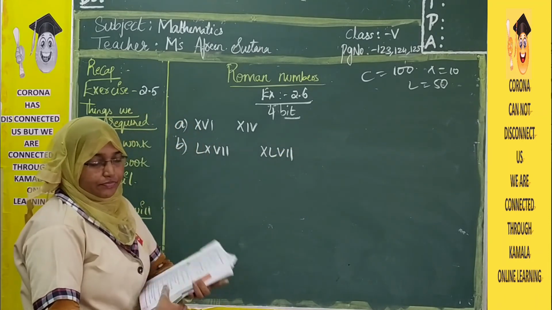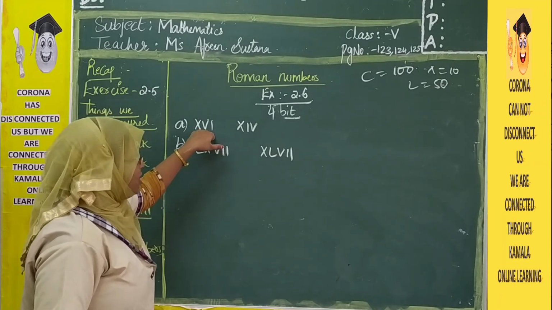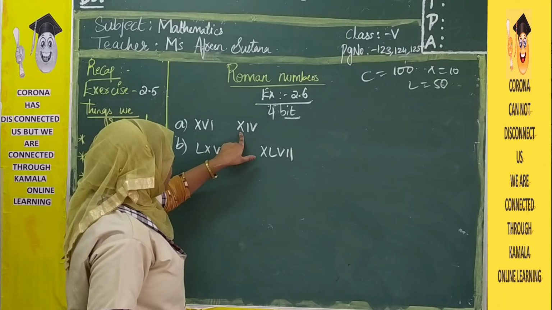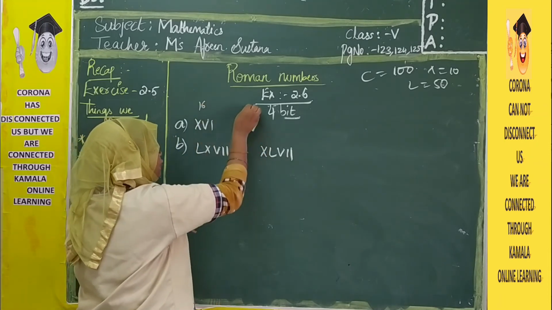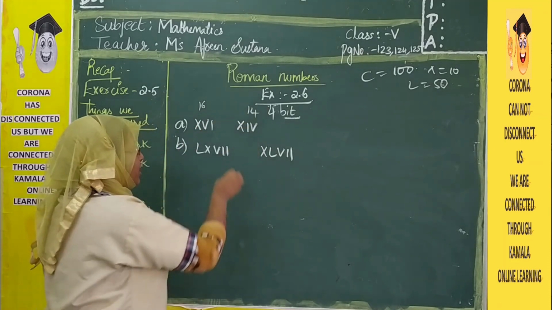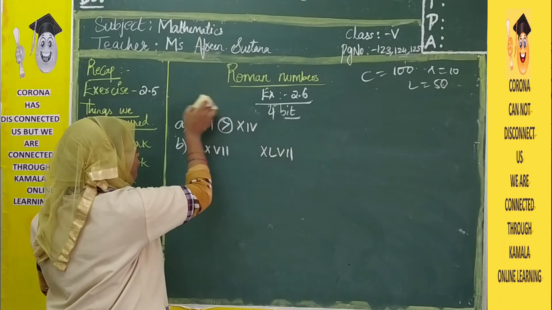X is 10, V is 5, 10 plus 5, 15, 15 plus 1 is 16. This is 10, this is 4, 10 plus 4, 14. So this is 16 and this is 14. So 16 is greater than 14.